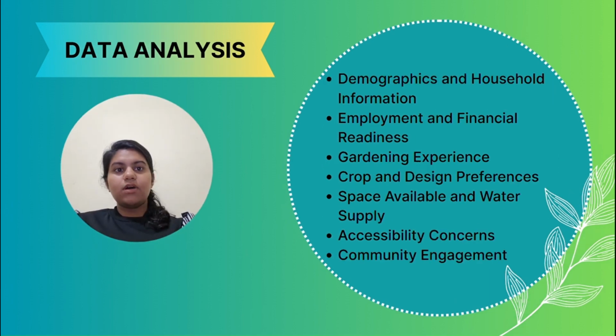So now we'll talk about the data analysis, and this would have been the data collected from the questionnaires that would have been distributed. With respect to the household information, the majority of respondents were aged 18 to 25 years.